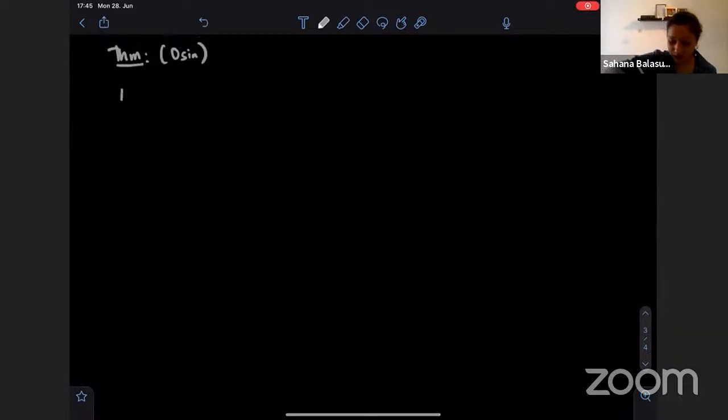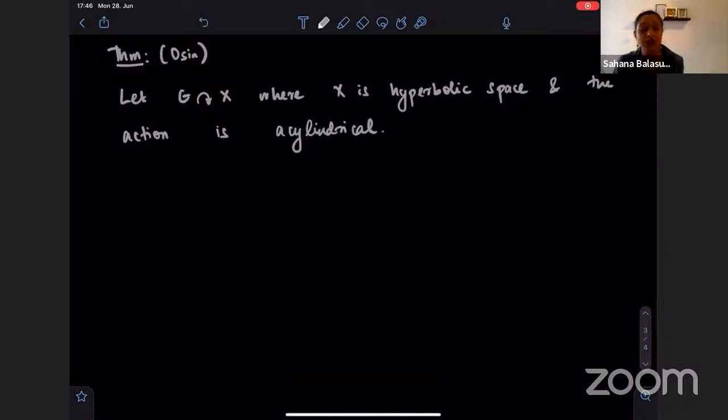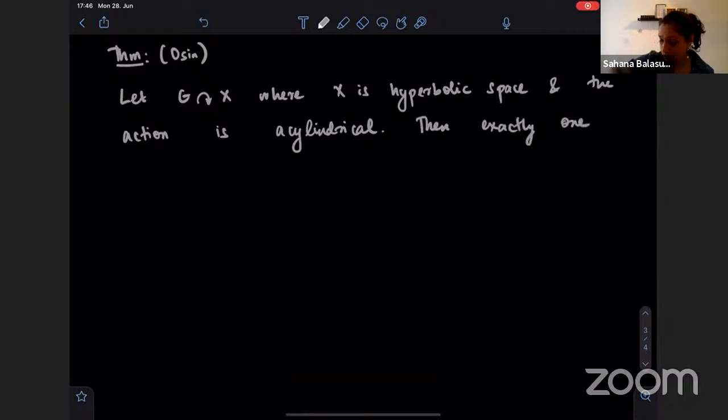So the statement says: let G act on X, where X is hyperbolic, and the action is acylindrical. Under this situation, I can tell you exactly what your group action will look like. Then exactly one of the following is true.